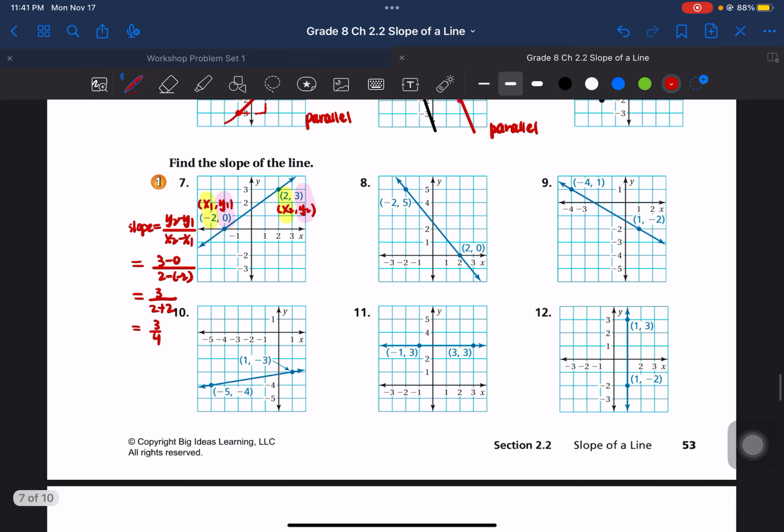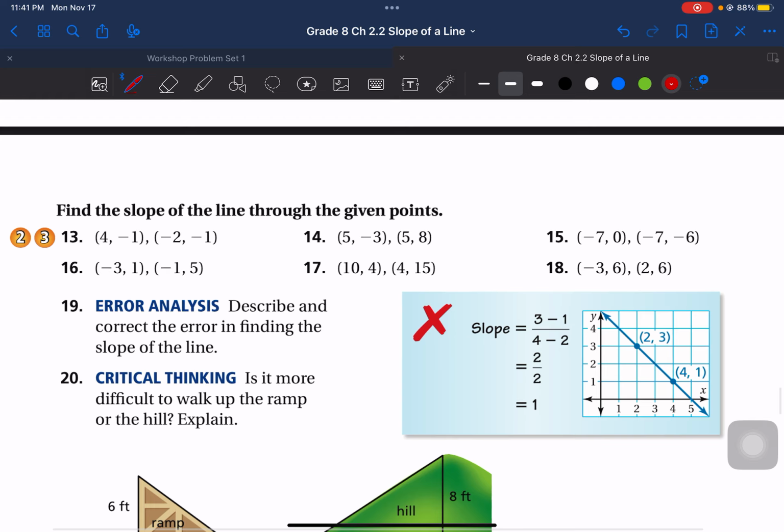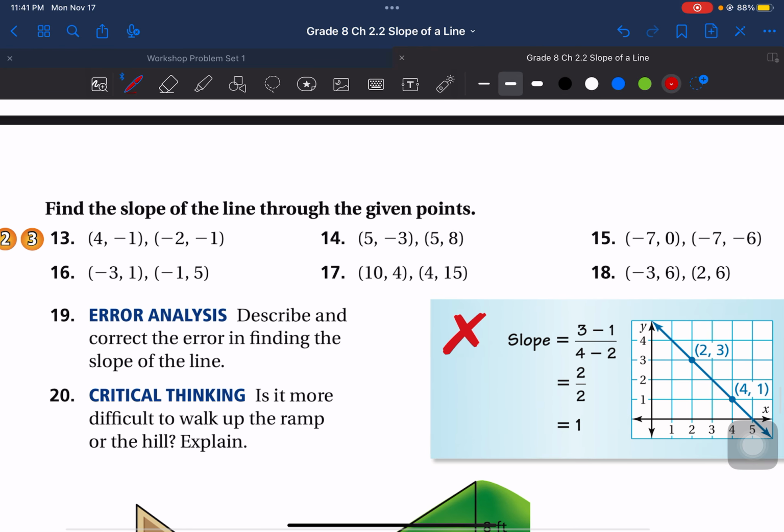And then let's see 13 through 18. It says find the slope of the line through the given points. I'll just do one and then you do the rest of those. So let's see number 13. I let the first one be my x1, y1, and the second one be my x2, y2.